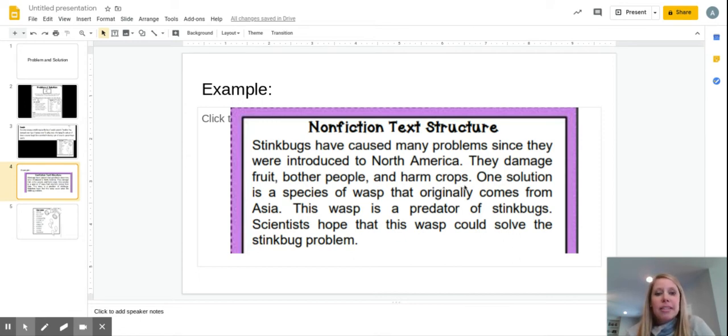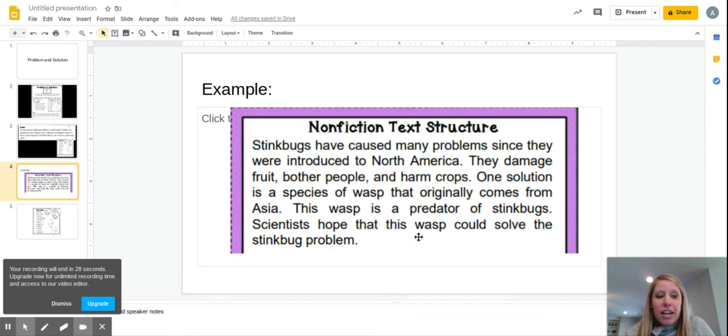So the problem is the stink bugs. So now my question to you is, what is the author's solution? How are they going to get rid of these stink bugs? If you said that the author's solution is that scientists took a group of wasps that were from Asia, then that is correct. So they're using the wasp to get rid of the stink bugs.